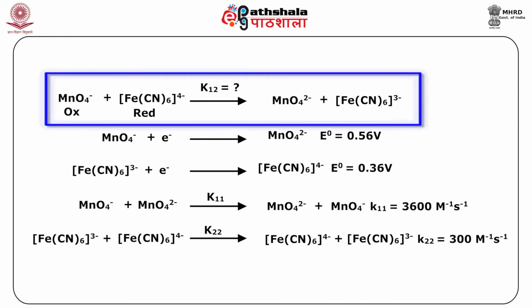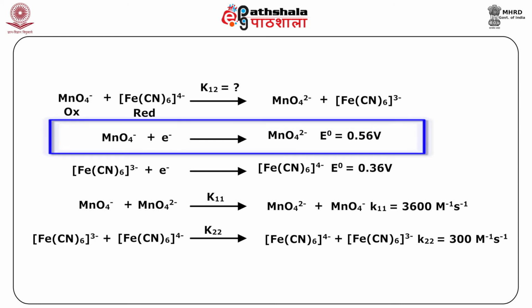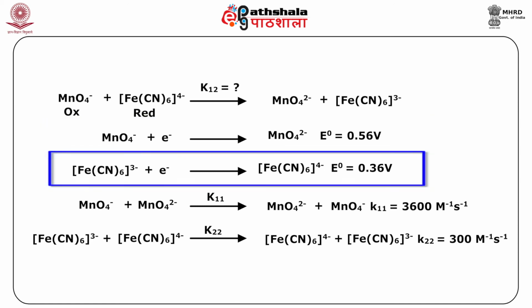MnO4 minus, where manganese is in its maximum oxidation state, acts as the oxidant, and Fe(CN)6 4 minus, where iron is in the +2 oxidation state, acts as the reductant, and they form MnO4 2 minus and Fe(CN)6 3 minus. The one electron reduction of MnO4 minus leads to MnO4 2 minus, and the E0 value for this reaction is 0.56 volt, while Fe(CN)6 3 minus is one electron reduced, forming the Fe2 complex Fe(CN)6 4 minus, and the E0 value for this reaction is 0.36 volt.